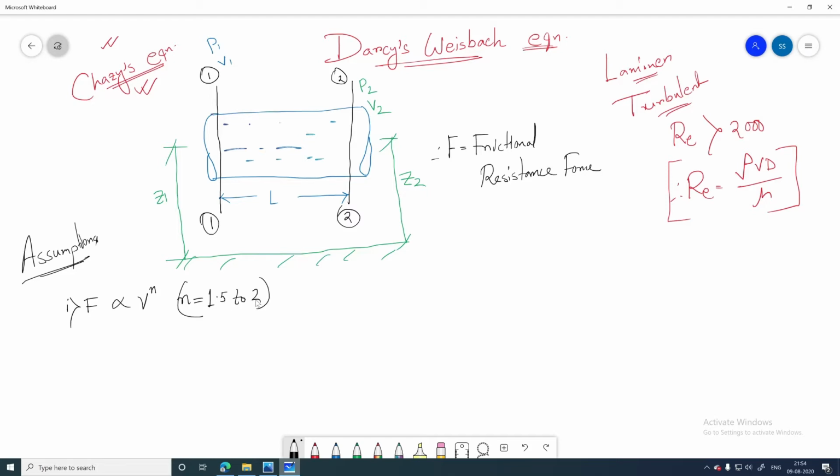Generally we consider it to be 2. So F is proportional to V square.